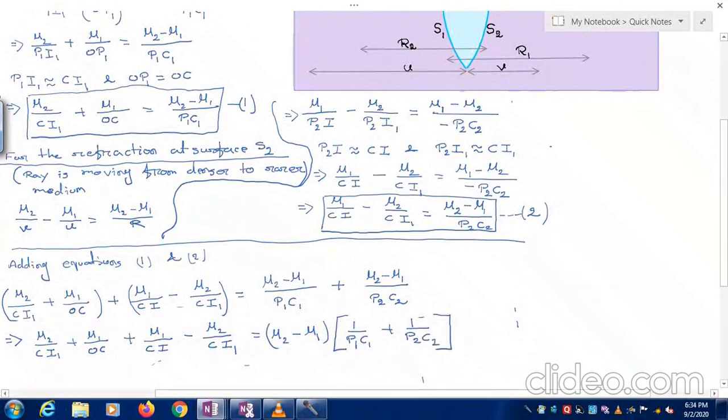See, this implies these two terms will be cancelled out. So mu1 divided by OC plus mu1 divided by Ci is equal to mu2 minus mu1 into 1 by P1 C1 plus 1 divided by P2 C2.